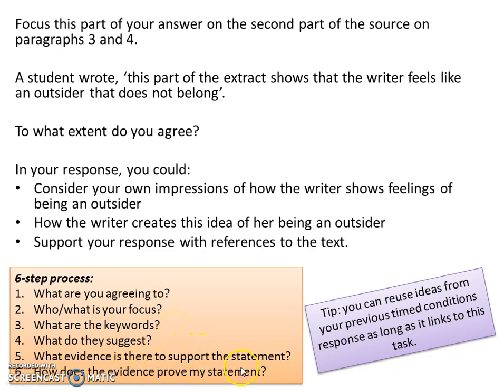And how does the evidence prove my statement? Yeah, how? What methods are used? What is the thought process going through the writer's head? What do they want us to think? Yeah? And this is my top tip, really, that the stuff you've written about structure and the stuff you've written about language, if those quotes back up the statement, and if you can make them fit, you can reuse your thinking.